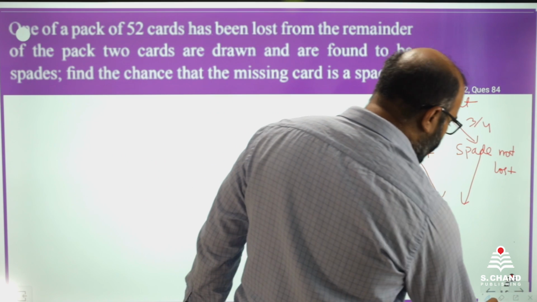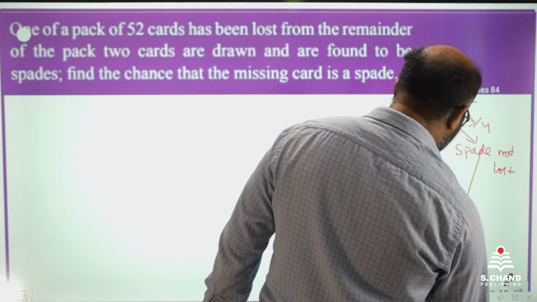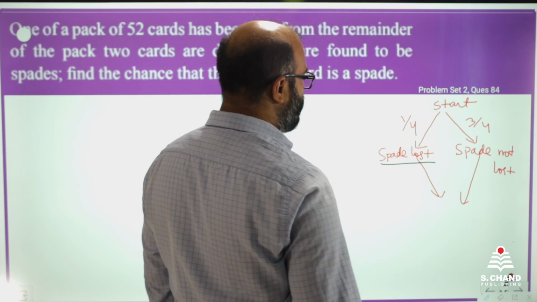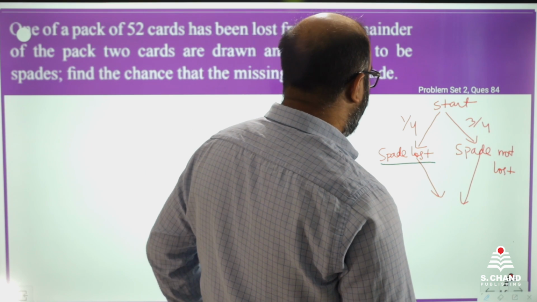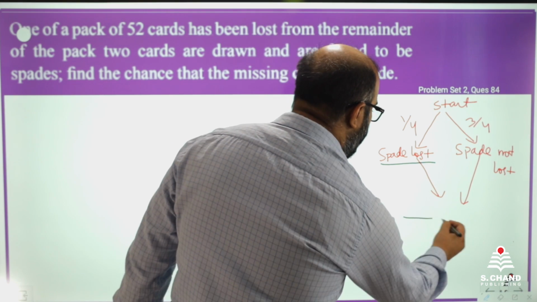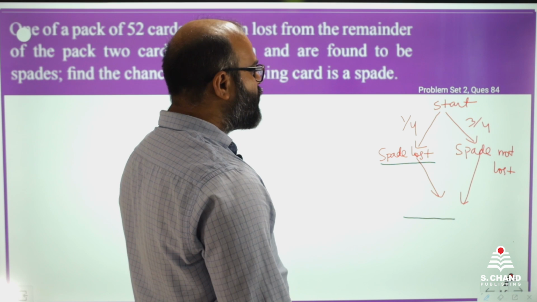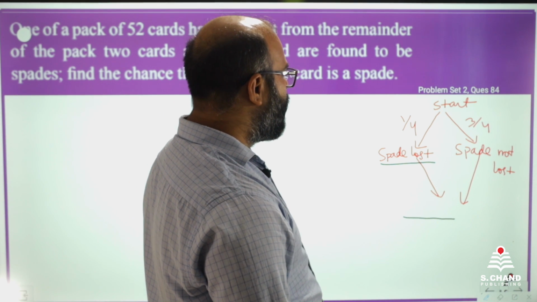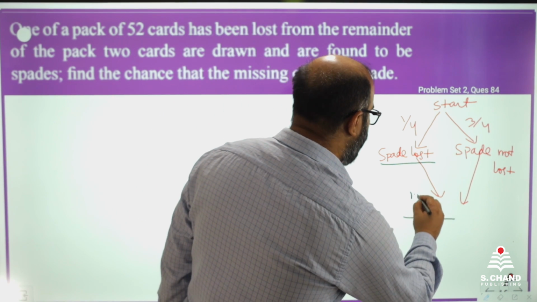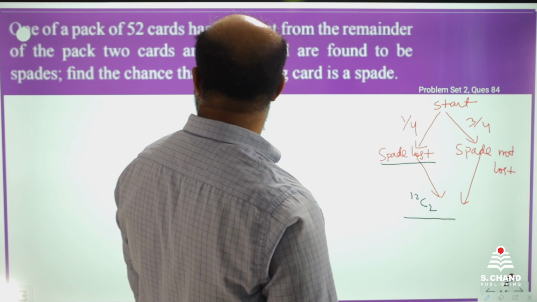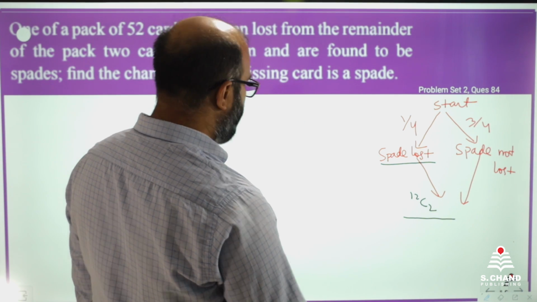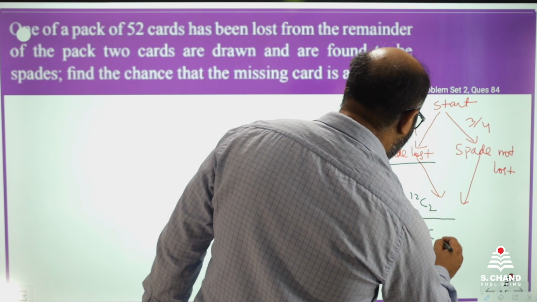So if you draw two cards and a spade is lost, then out of 51, how many spades are there? 12. So 12C2 is the number of ways in which two spades can be taken, and 51C2 is the total number of ways.